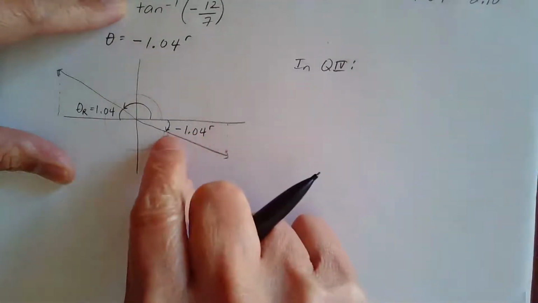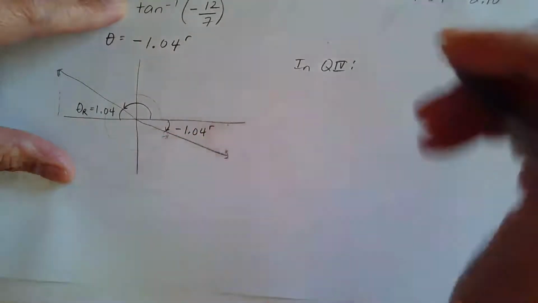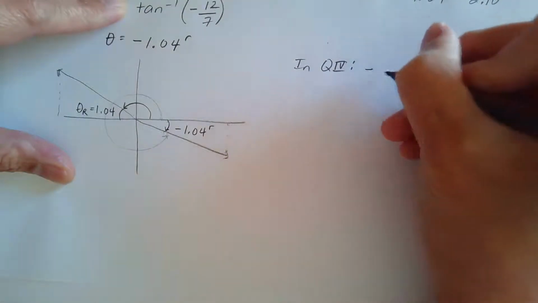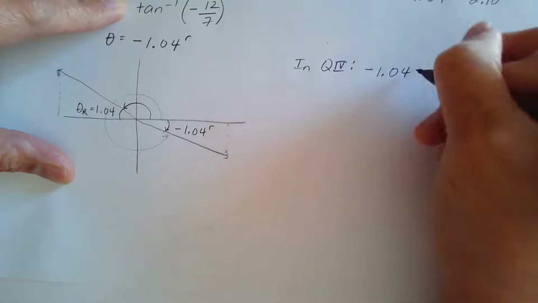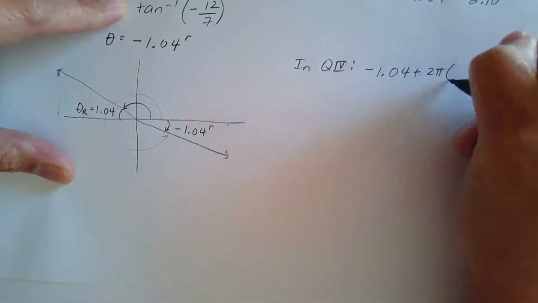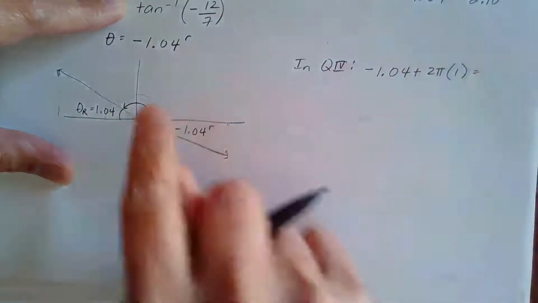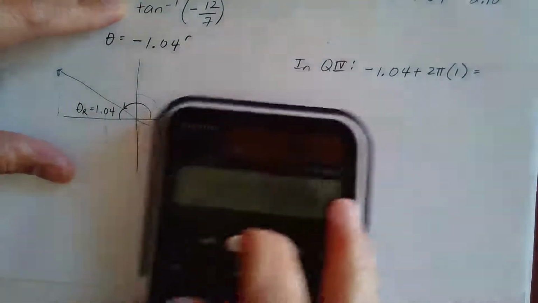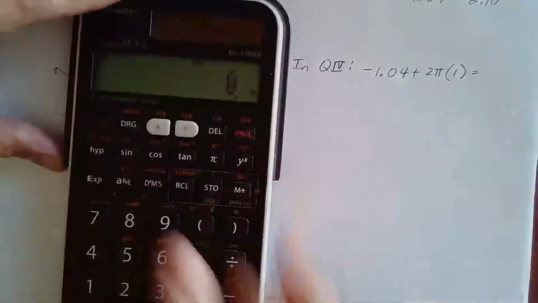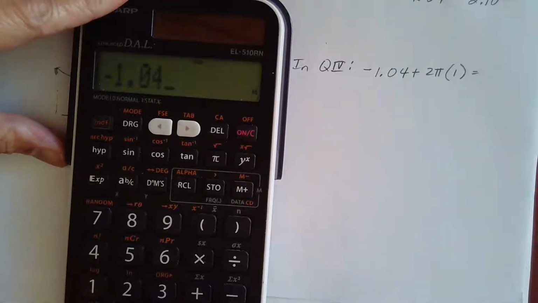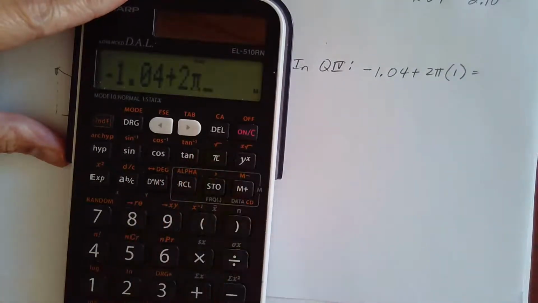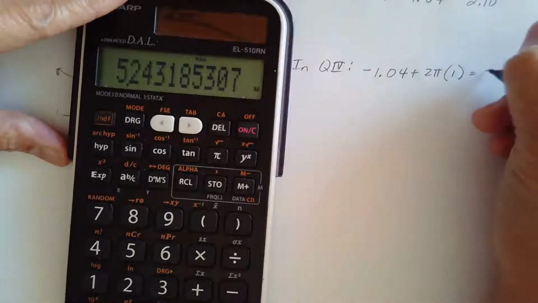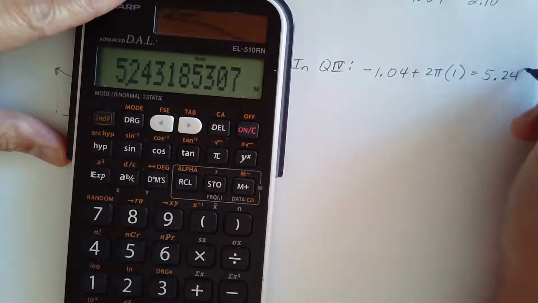So we could find the positive coterminal of this one. It's going to be negative 1.04 plus 2 pi. If we multiply by 1, that means one rotation positively, and we get the positive coterminal. So negative 1.04 plus 2 pi times 1 gives us 5.24 radians.